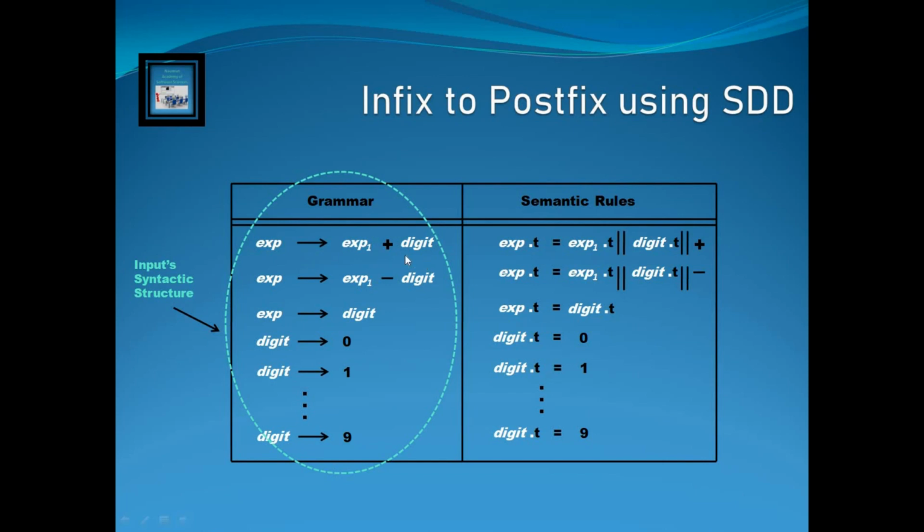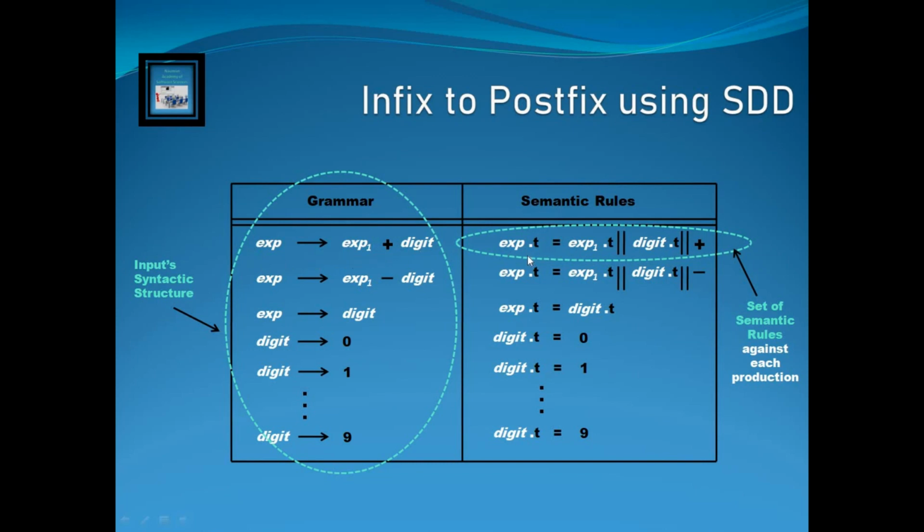Now if you see the second column, there is a set of attributes associated with each production. For example, consider the first production, expression can have the form of expression plus digit.